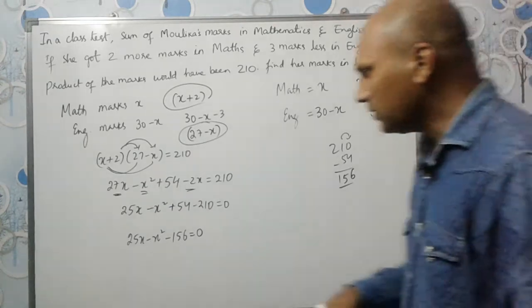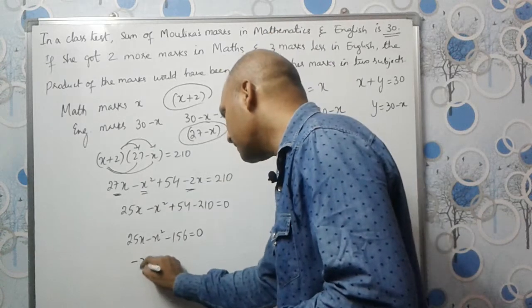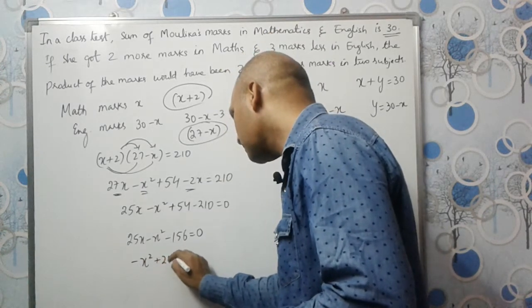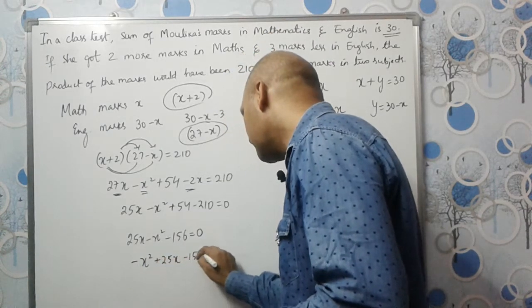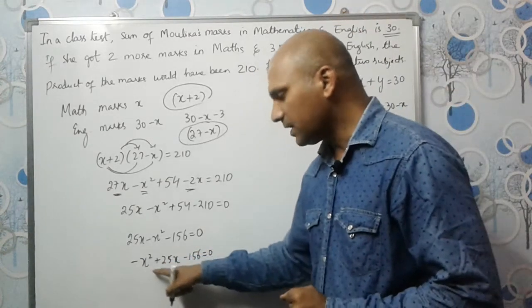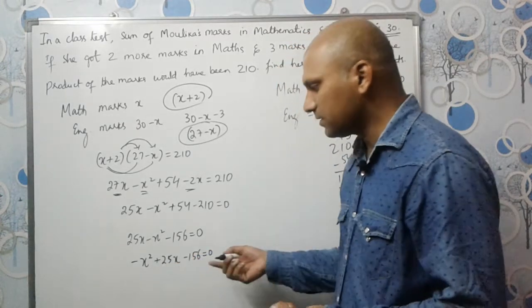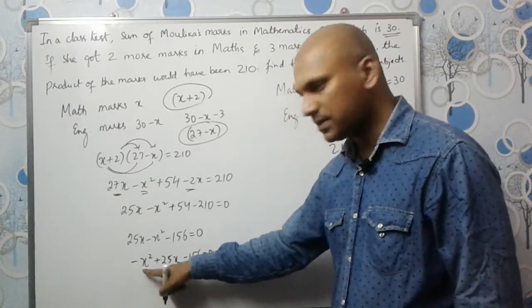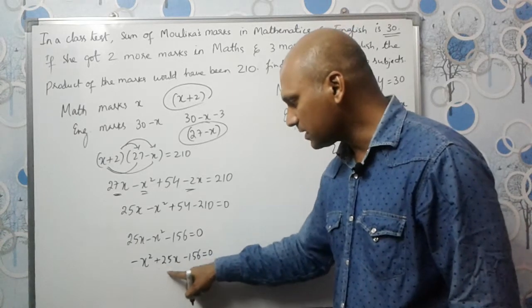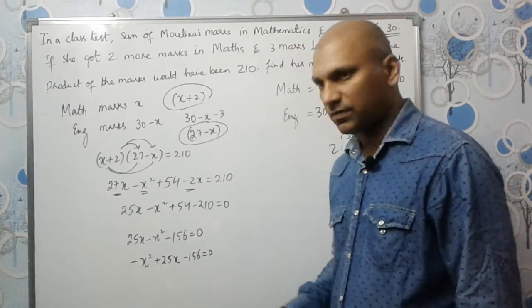Now see here, we have minus x square. Let us rearrange these terms. Now multiply both sides by minus 1, or you can send all the 3 terms to the other side. So minus x square will become plus x square, 25x will become minus 25x, and minus 156 will become plus 156.